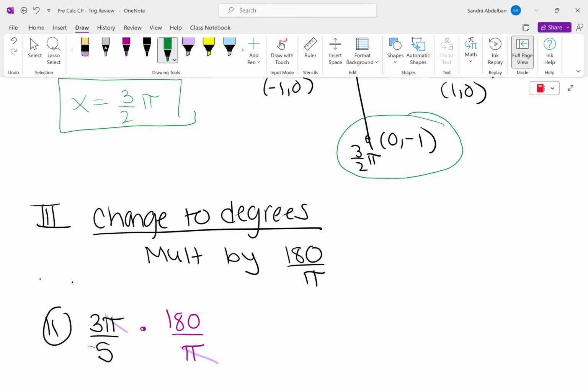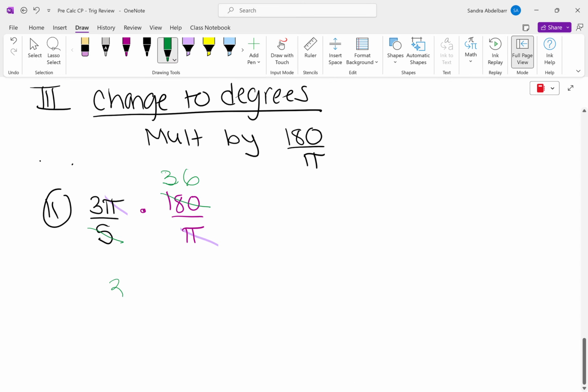Do we agree I could cross simplify? The pi's cancel. Then I can cross simplify more. 5 goes into 180, 36 times. So then what am I left with? 3 times 36, which is 108.